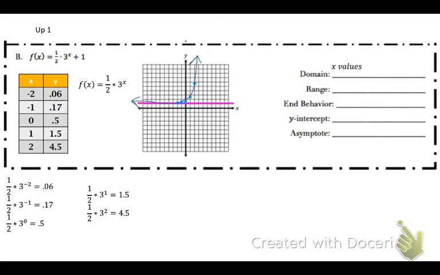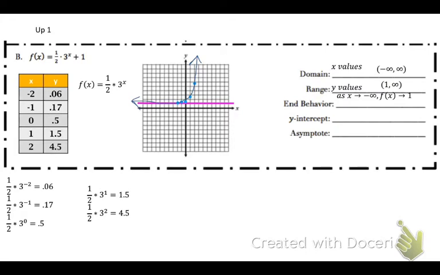Okay, so my domain, that is your x values. That's from left to right, so negative infinity to positive infinity. Range from the bottom to the top. The lowest y value this hits is 1, so that's 1 to infinity. End behavior, as x goes to negative infinity, so the left side of this graph, f of x is going to 1.